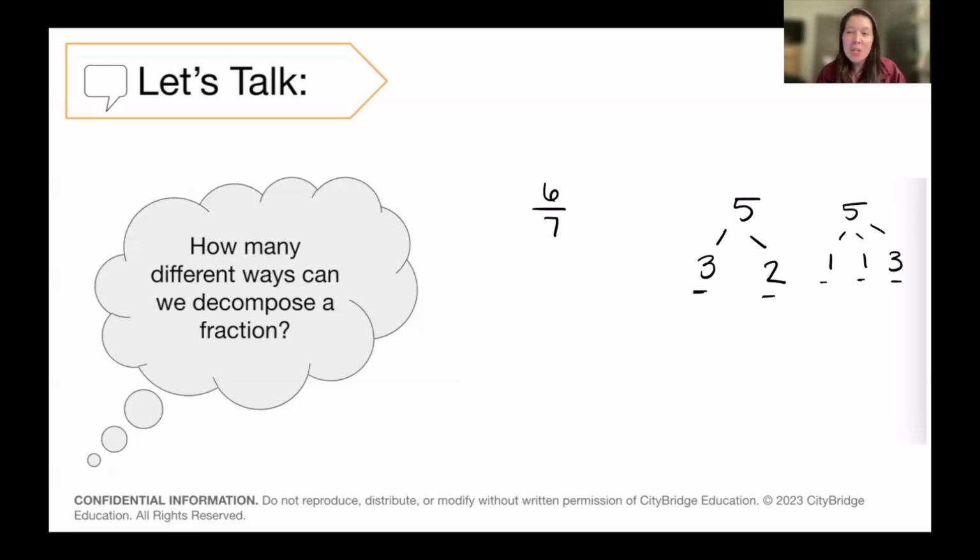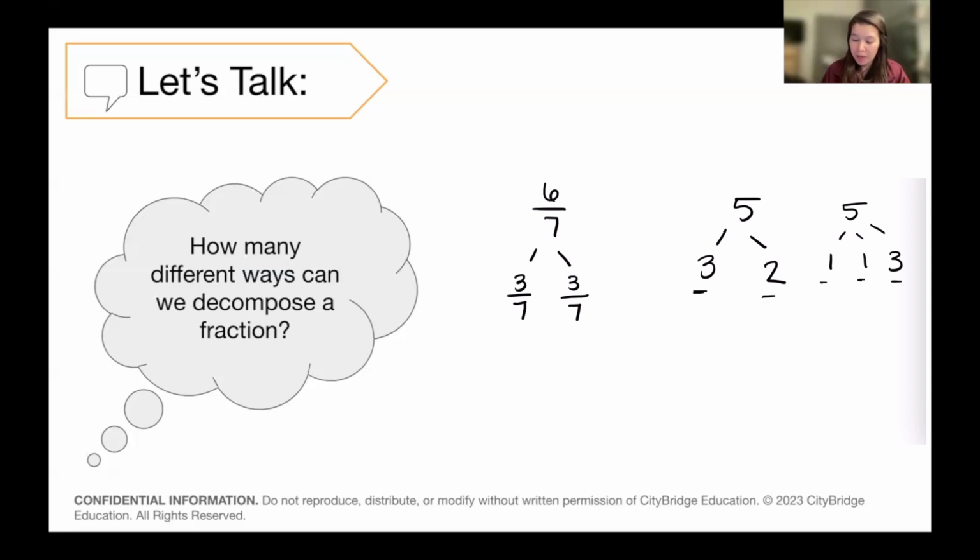Say that with me. So if we want to break apart 6/7, we want to think about the different parts that make up 6/7. Remember, we have 6 pieces out of 7 pieces total. So if we broke those 6 pieces into 2 equal parts, we could have 3/7 and another 3/7. 3/7 and 3/7 makes 6/7.